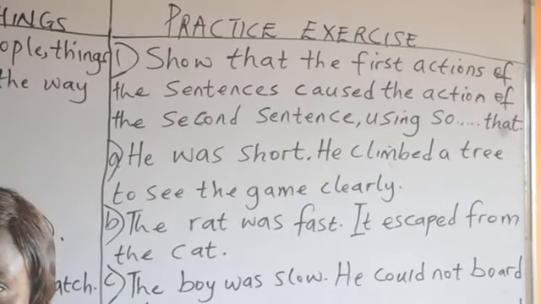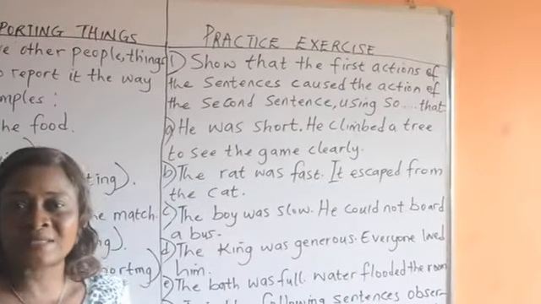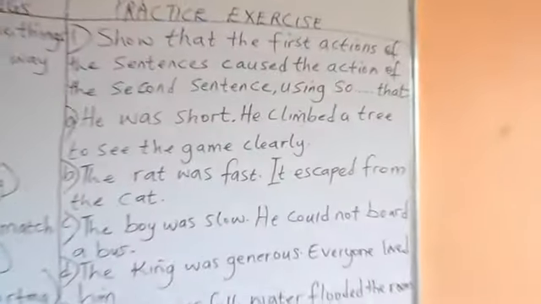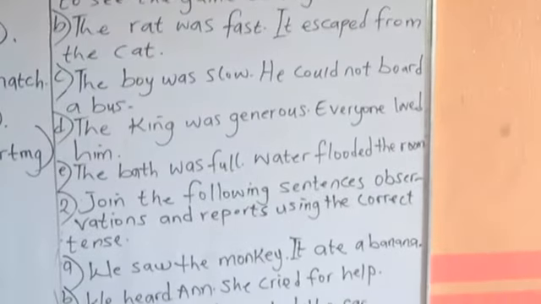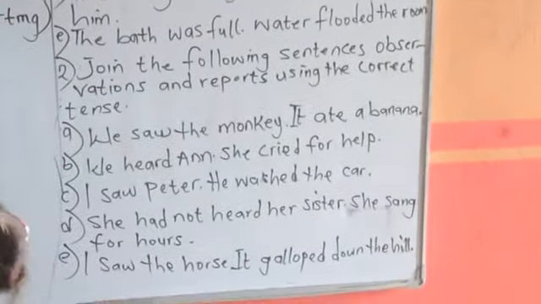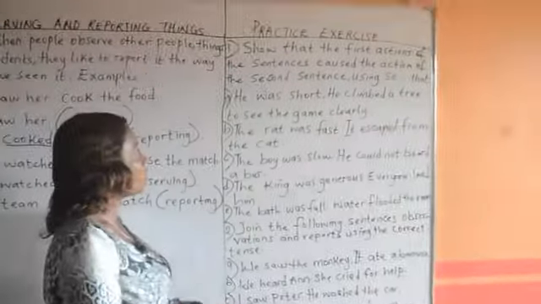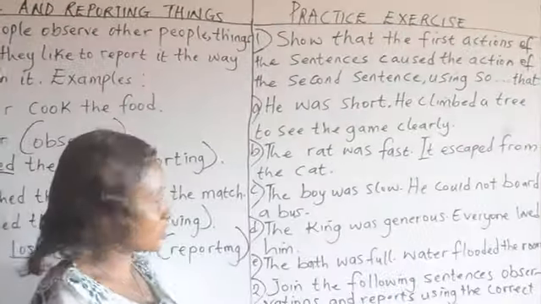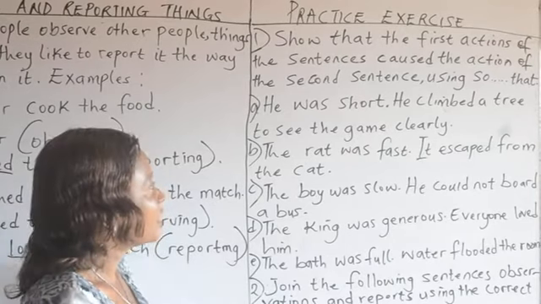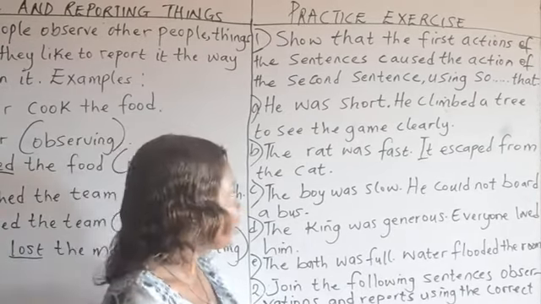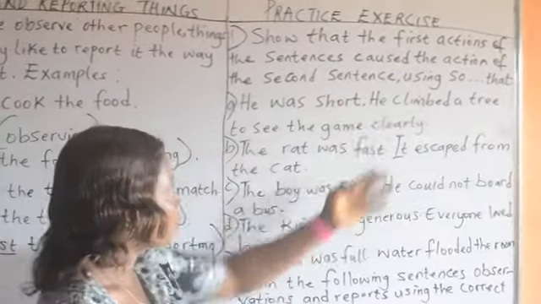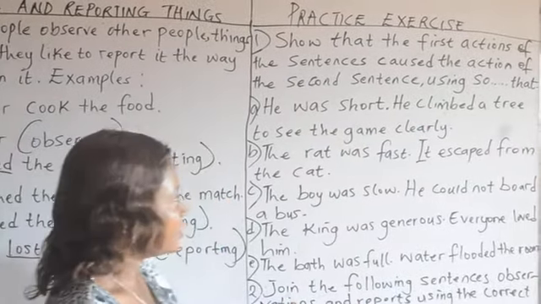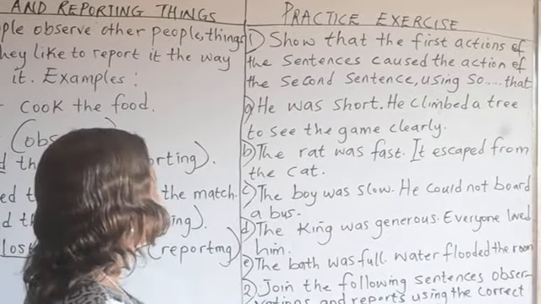Do not forget expressing consequences as a result of cause and effect. So you are to show that the first action actually caused the second action. Number 1, he was short. He climbed a tree. You have to put so and that in a way that makes sense.